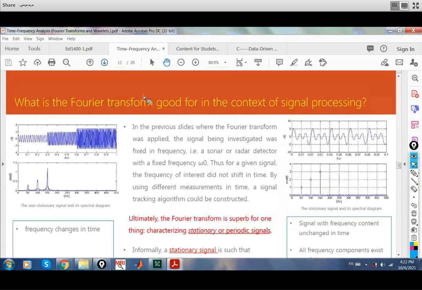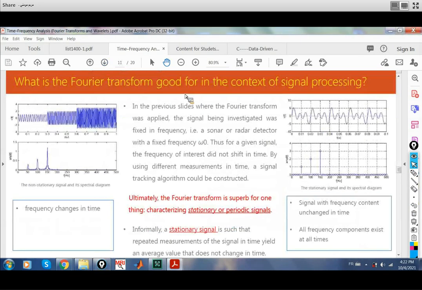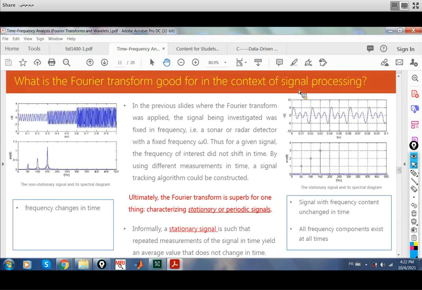Another question is: what is the Fourier Transform good for in the context of signal processing? If Fourier Transform has these disadvantages, then what is the benefit of using it? Why do we use Fourier Transform?